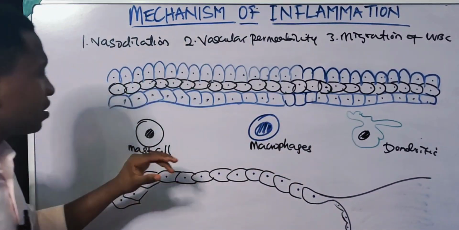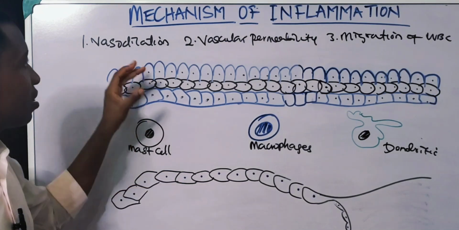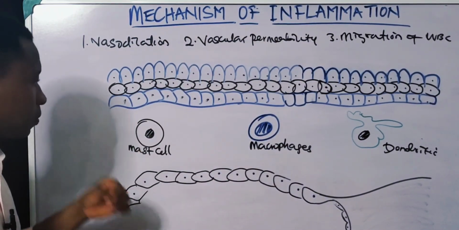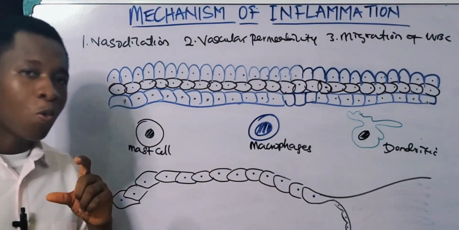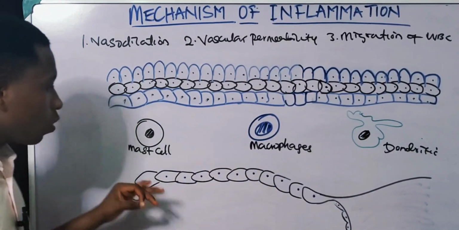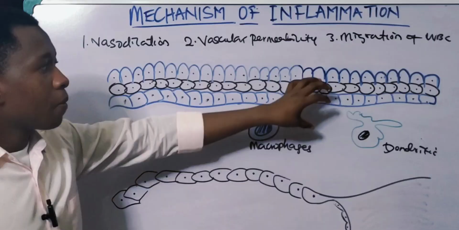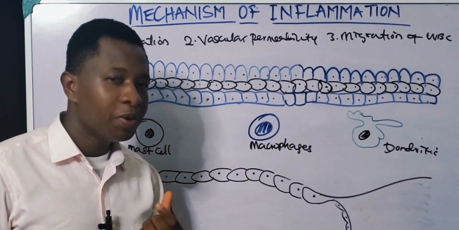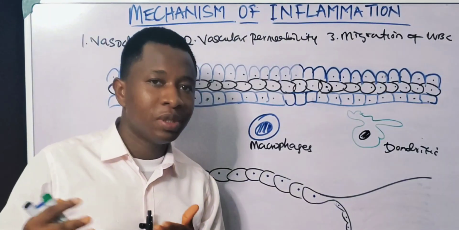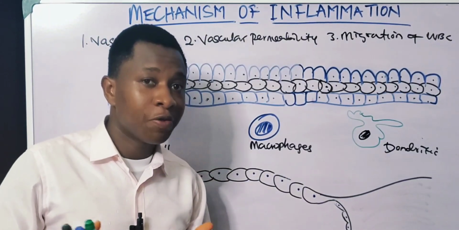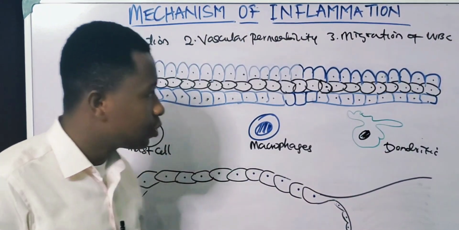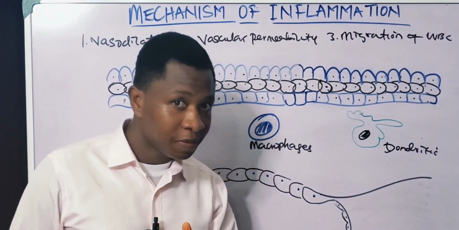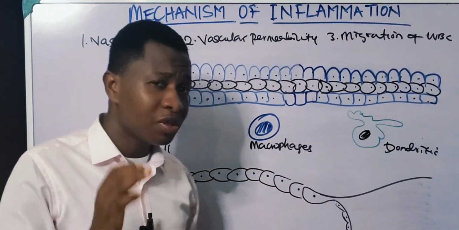Now, what does each of these cells do to facilitate this whole process of inflammation? The first thing that happens is that the mast cell begins to secrete what we call histamine. But before the secretion of histamine, there must be something that will lead to inflammation. So remember, we said inflammation is an event that happens as a result of tissue damage, right? So let's assume that the tissue of the body is damaged. For example, you stepped on a nail.